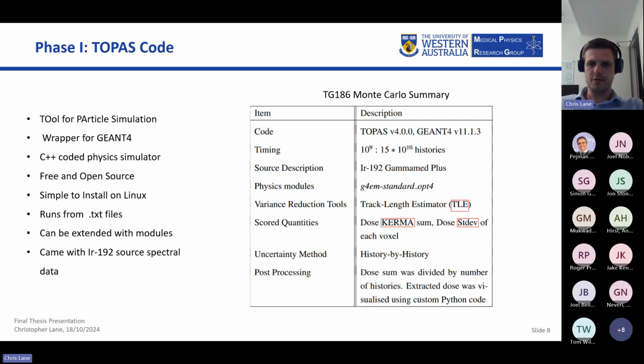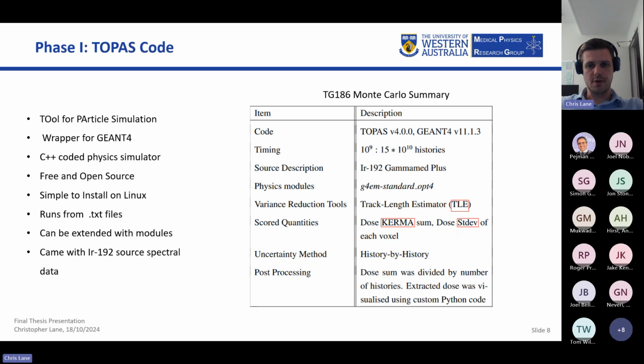So on the right here, we have a table, which is my Monte Carlo summary. This is something that recommendations make in TG186, which is the current sort of guidelines for attempting to validate model-based dose calculation algorithms that are attempting to replace the TG43 model.